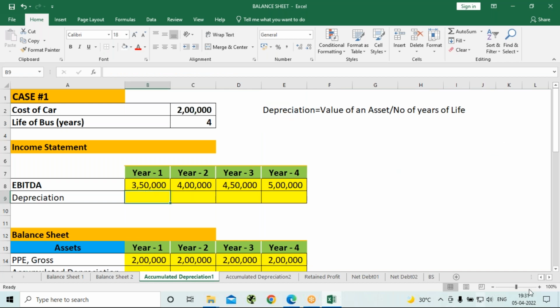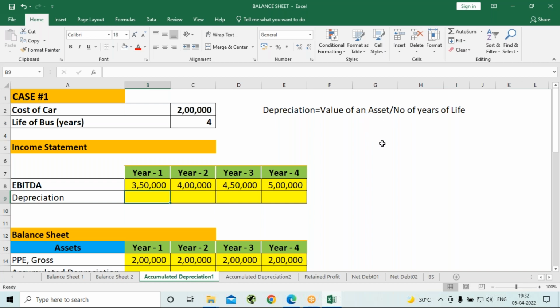So what will be the depreciation value for this in year 1?